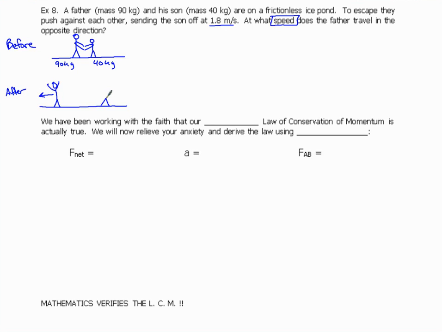and the son is moving in this direction. Since the son has a smaller mass, he should be moving at a faster velocity. And again, their masses didn't change.